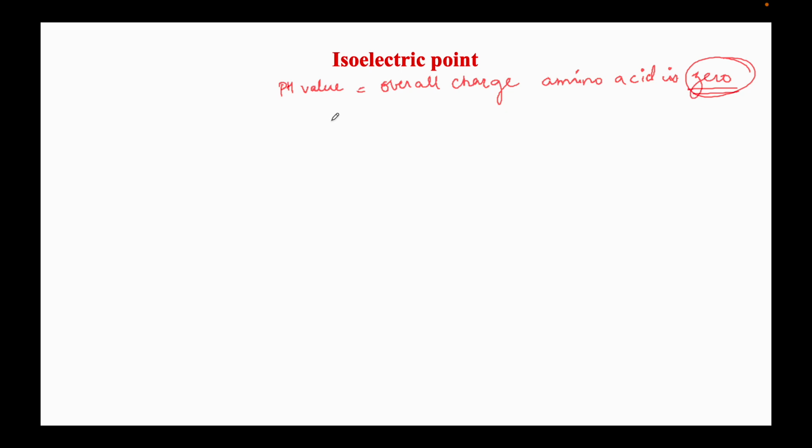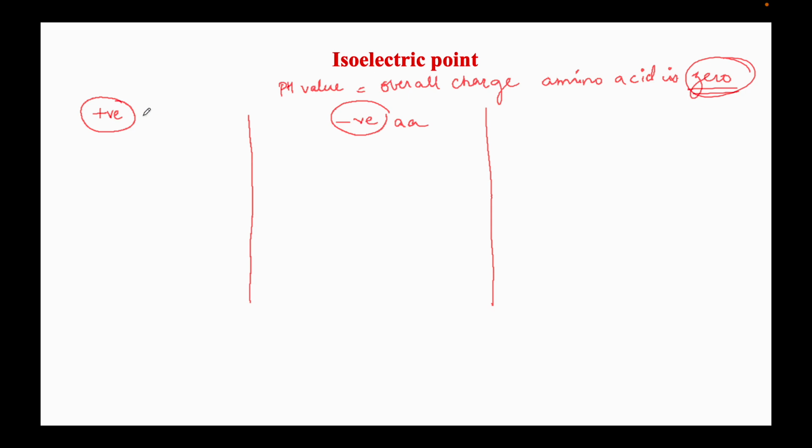In order to calculate the isoelectric points of different amino acids, we have 3 different sections of amino acids. We have positively charged amino acids, and to calculate the isoelectric point for these we have a different strategy. For negatively charged amino acids, we have a different strategy.